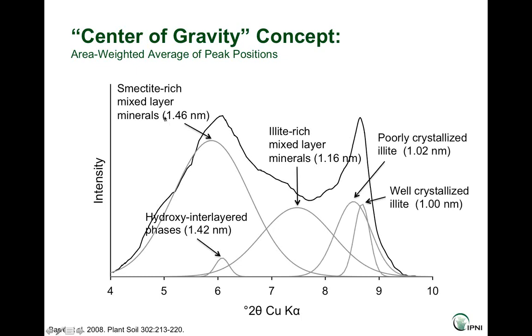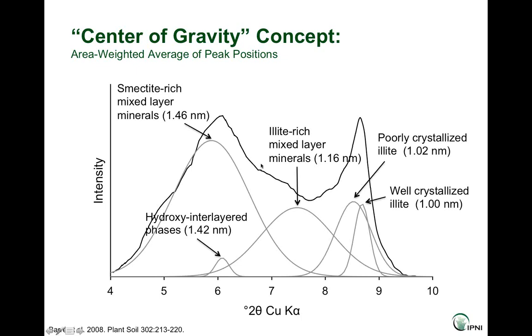Now, the important thing here is as we go from the left side to the right side, you notice that these numbers, which represent the spaces between the individual mineral layers, decreases. So here, the larger spacing means that we have more space between layers, and the smaller spacing means that we have less space between layers.